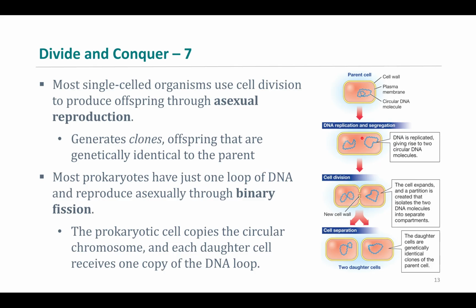Then the single cell protrudes the cell membrane into the cytoplasm and creates a cell wall in the middle of the cell, creating two cells. Now the cells separate, creating two daughter cells. This process we call binary fission, and it happens only in prokaryotes.